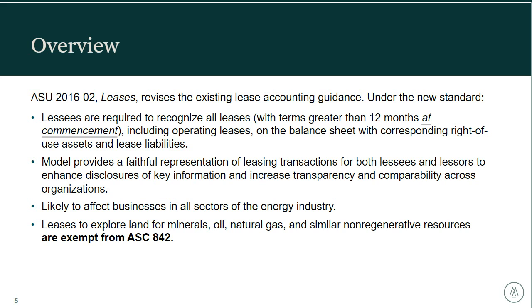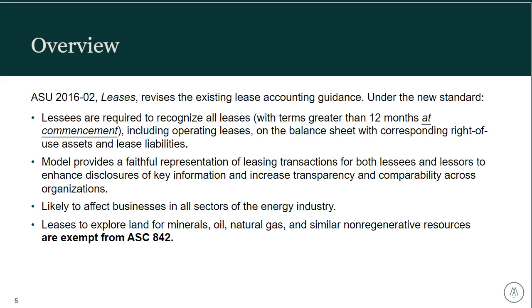So an overview, and this is just a reminder: we did another leasing webinar that was a little bit more high level, and this one was designed to get more granular as we go through things. Under the new accounting standards, you're required as a lessee, and we are staying in the lessee space for the majority of this presentation, to recognize all leases with a term of greater than 12 months at commencement, so at the start of that lease agreement, including your operating leases, on the balance sheet now.